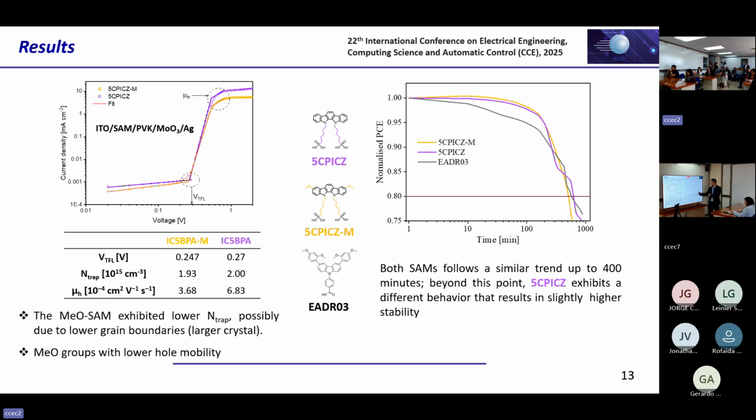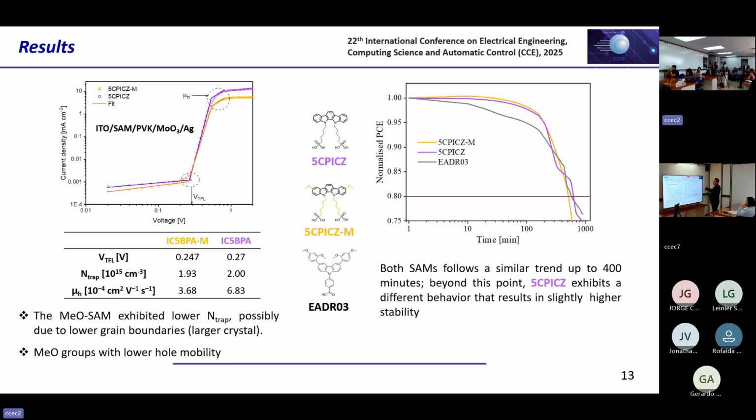And finally, we measure the stability of these devices. Actually, here, these two devices show more or less the same stability. For the SAM without the methoxy, we observe a strange behavior around 1,000 minutes, but more or less they have the same stability.